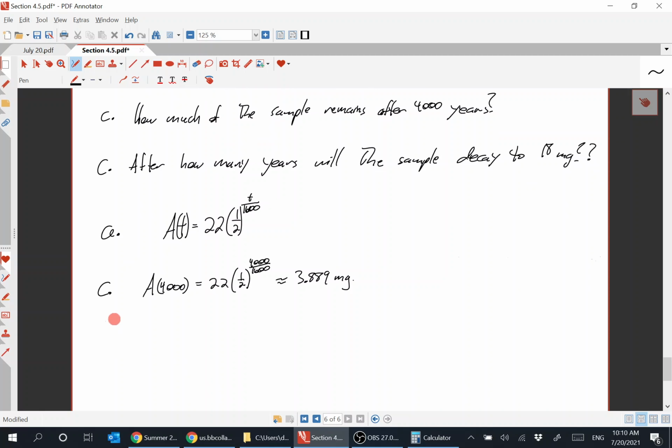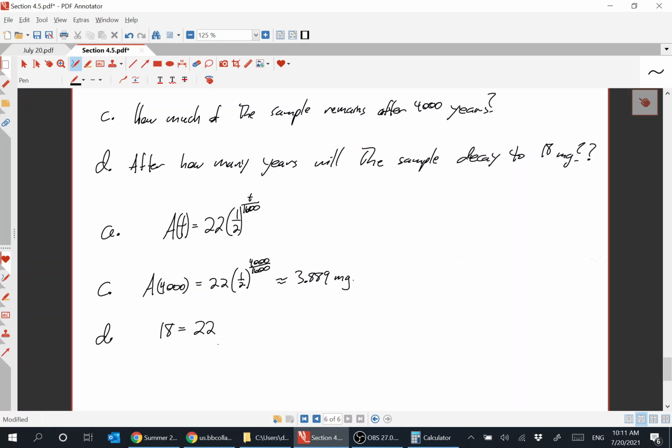And then D. The more interesting question is the following: after how many years will the sample decay to 18 milligrams? So you measure the sample and you see you have 18 milligrams of radium-226, and somehow you know you started with an initial sample of 22 milligrams.